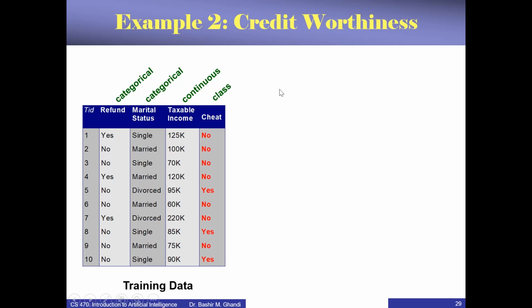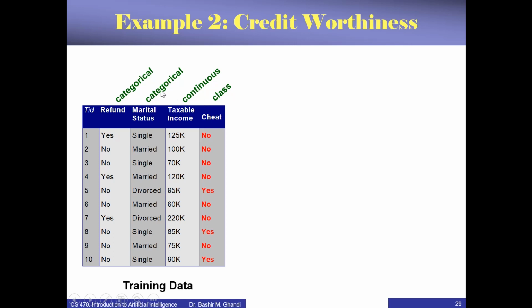So let's say a bank is trying to determine whether to give a loan to a particular customer. So they are trying to base their decision on the information they have regarding how previous customers behave, whether they actually pay back the loan or not.